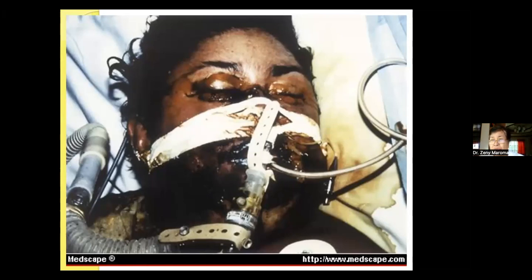Pag sinuction mo, masasuction mo, blood. Tingnan mo, ang dami niyang pasa-pasa dito sa katawan. Marami siyang hematoma, ecchymosis. Tapos, tingnan mo yung Foley catheter. Ang Foley catheter, renal shutdown, decrease urine output. If ever may urine output, dugo, hematuria. Patient is in coma, comatose. Okay?